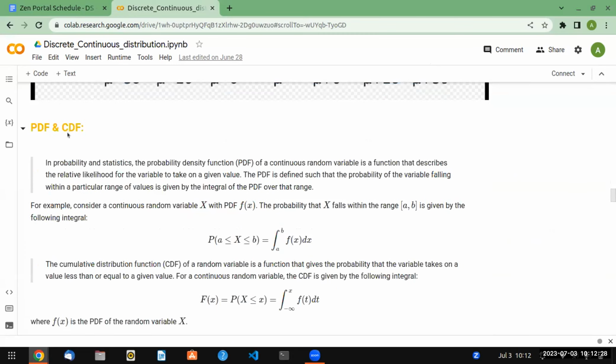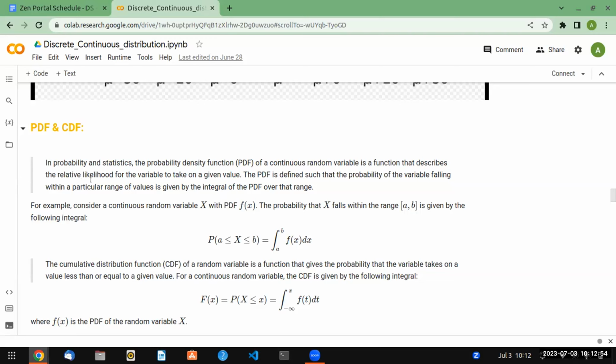Now, if you see PDF and CDF, we have already seen the PDF. In probability and statistics, the probability density function of a continuous random variable is a function that describes the relative likelihood of the variable to take on a given value. That frequency example I have given you, right? Instead of frequency, what we are going to get is relative likelihood.